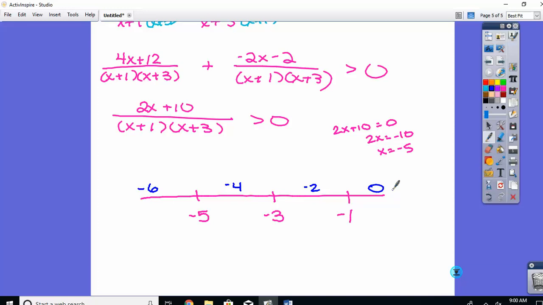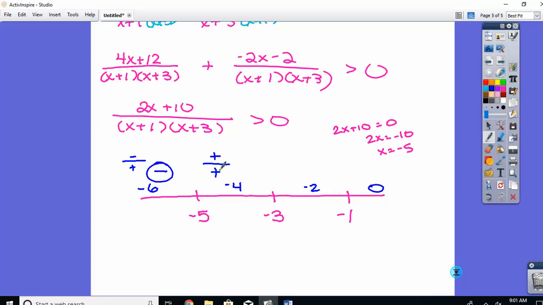If I put in a negative 6, on the top I have negative 12 plus 10, that's negative. Negative 5 times negative 3 would be positive. If you take a negative divided by a positive, you get a negative. If I put in negative 4, negative 8 plus 10 is positive. Negative 3 times negative 1 is positive.